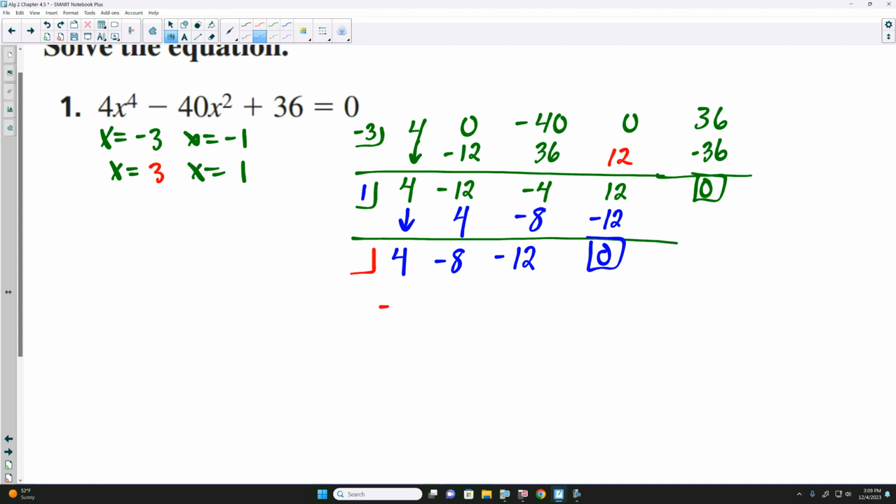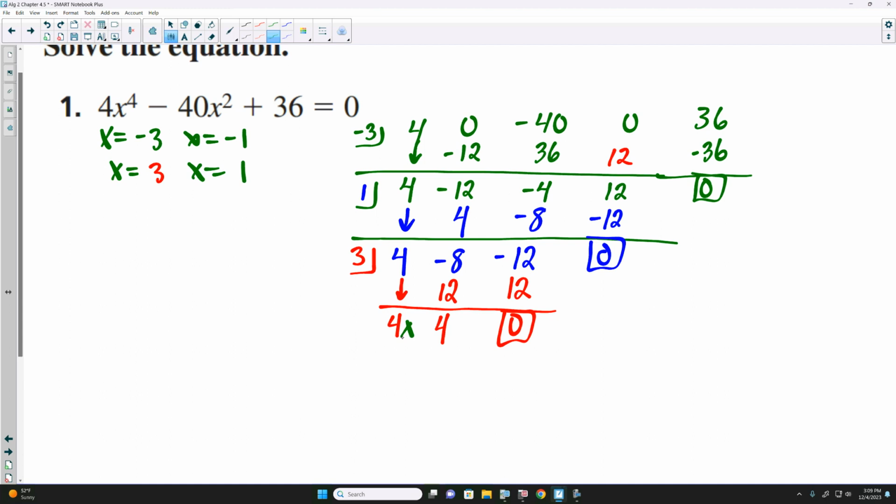Which one do we want to do next? 3. 3 times 4 is 12. Negative 8 plus 12 is 4, 3 times 4 is 12, gives us 0.